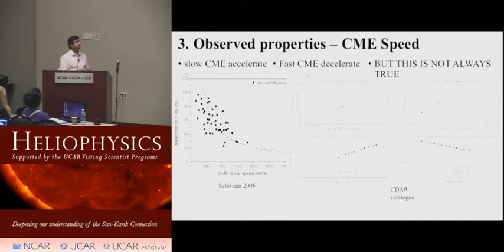And so the idea is, in both of these scenarios, CMEs tend to accelerate if they start off with a speed below the solar wind, and if their initial speeds are higher than the solar wind, they tend to decelerate. So the idea is they end up trying to get back to the solar wind speed.